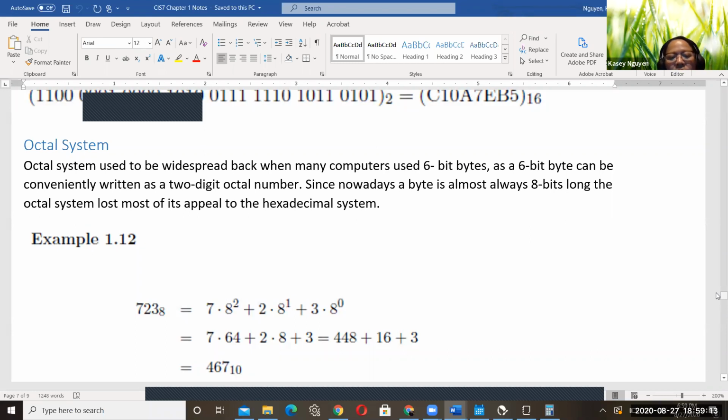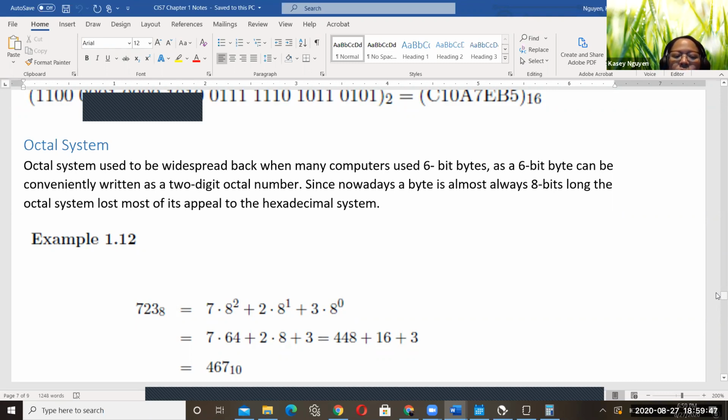Octal was common for the legacy computers back in the day, because when computer systems started to be more popular and with the design and the architecture, we started out with 8-bit, 16-bit based systems, and then we transitioned to larger bit size architecture like x86, which is 32-bit, and now we're currently at 64-bit.